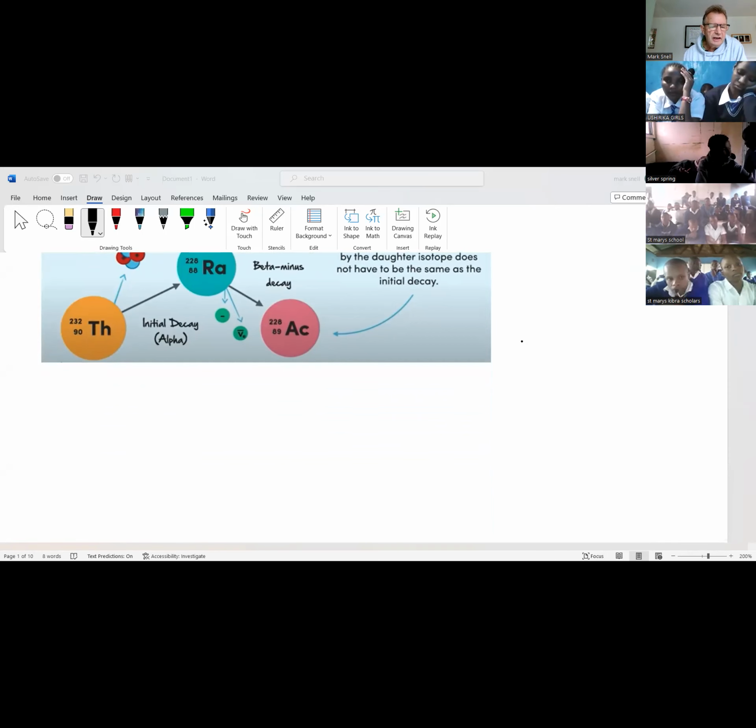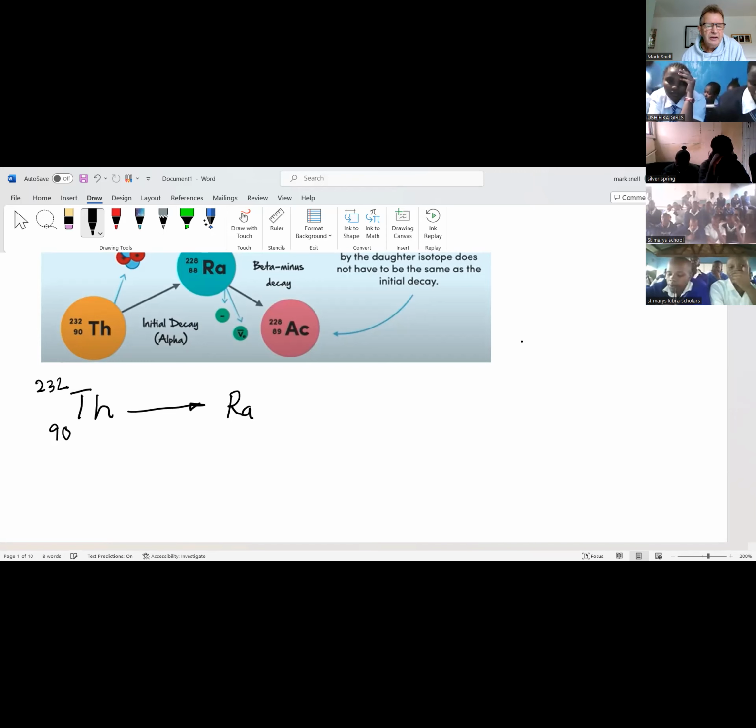So let's just write down what we've got to start with. So we've got thorium, and it's 232 90. And we are told that it turns into, nothing hits it first, it just changes into Ra, radium, and that is 228 and 88.